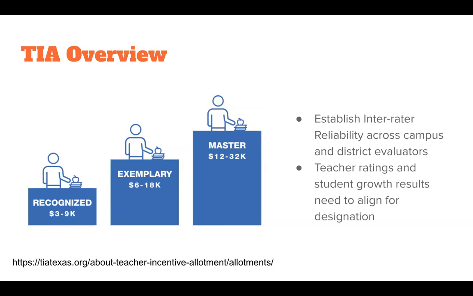So just as an example, if you're turning in a teacher with distinguished and accomplished across the board, but their student growth numbers are less than stellar, that's a red flag for Texas Tech. They do not pass on that teacher for recommendation to TEA, or TEA doesn't approve them. Forgive me, because Tech just crunches the numbers. TEA does the approving. But TEA won't approve them after they see that mismatch, and your district's out $500 for that application. And so going through an inter-rater reliability process helps you ensure that you're doing the best you can to get money into teachers' pockets with this incentive allotment.